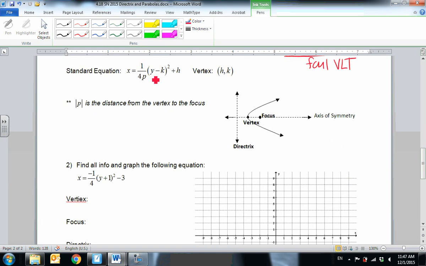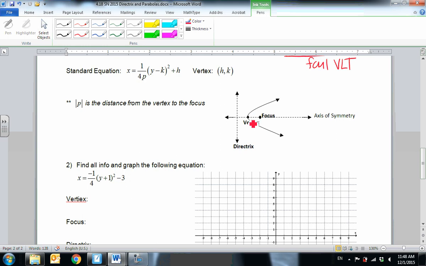Okay, so important things to know. Your vertex is still h, comma, k, meaning the opposite of that k value you see in here. This time, your axis of symmetry is a y equals, and your directrix is an x equals. Okay, it's vertical.